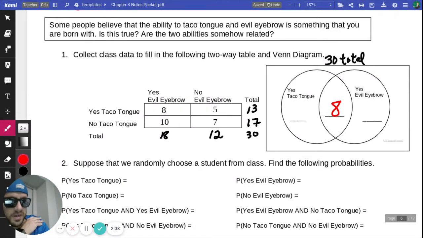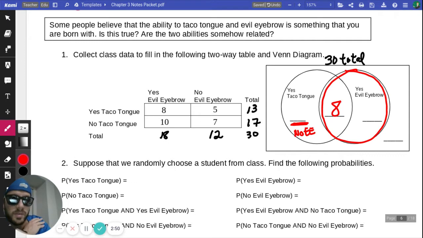Now, the left side of that circle are people who can do the taco tongue, but no evil eyebrow. Why is it no evil eyebrow? Because it's outside of the circle where people can do the evil eyebrow. So people who can do the taco tongue and cannot do the evil eyebrow, yes, taco tongue, no evil eyebrow, looks like that's 5.